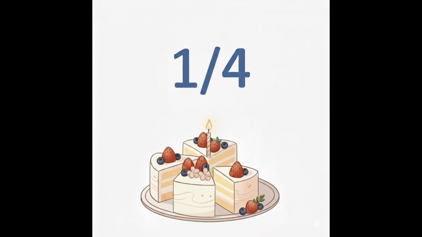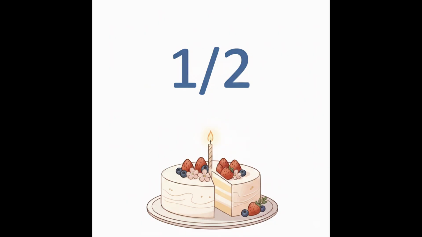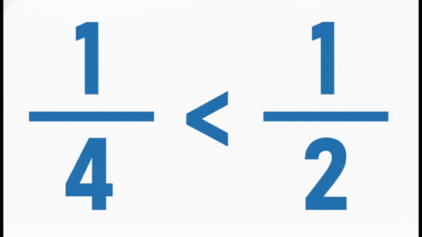So, in this case, Vanshika would get a smaller piece of cake compared to if she had to share it with her sister, which was half. In simple words, 1/4 is smaller than 1 upon 2.